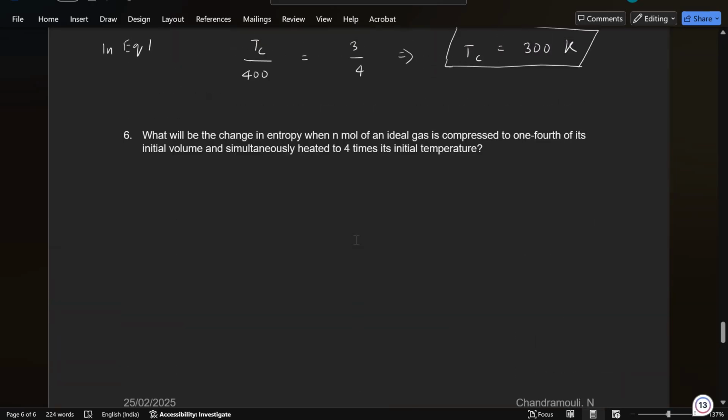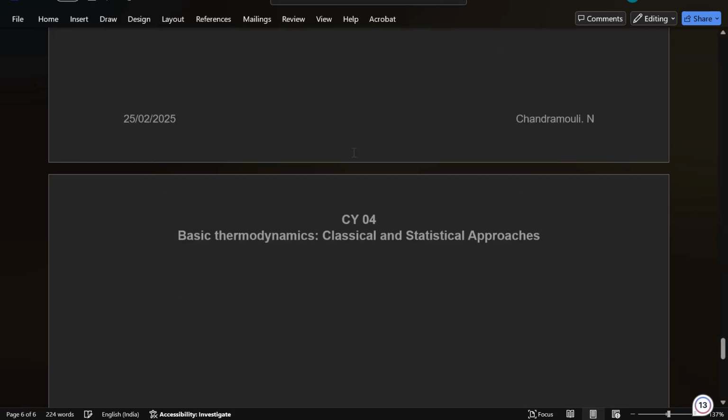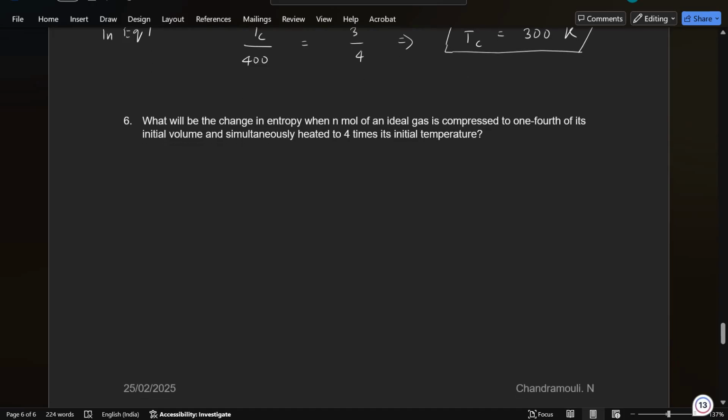Actually, we can solve it in general, and it will still work. Okay, this is what you wanted, right? This is the fifth question, I guess.